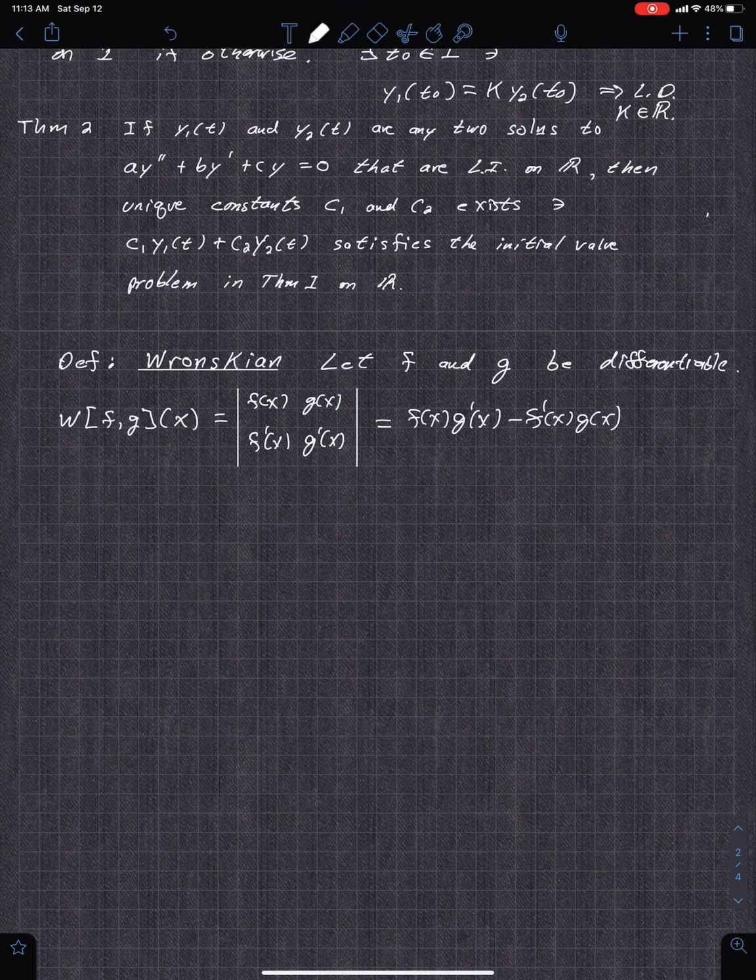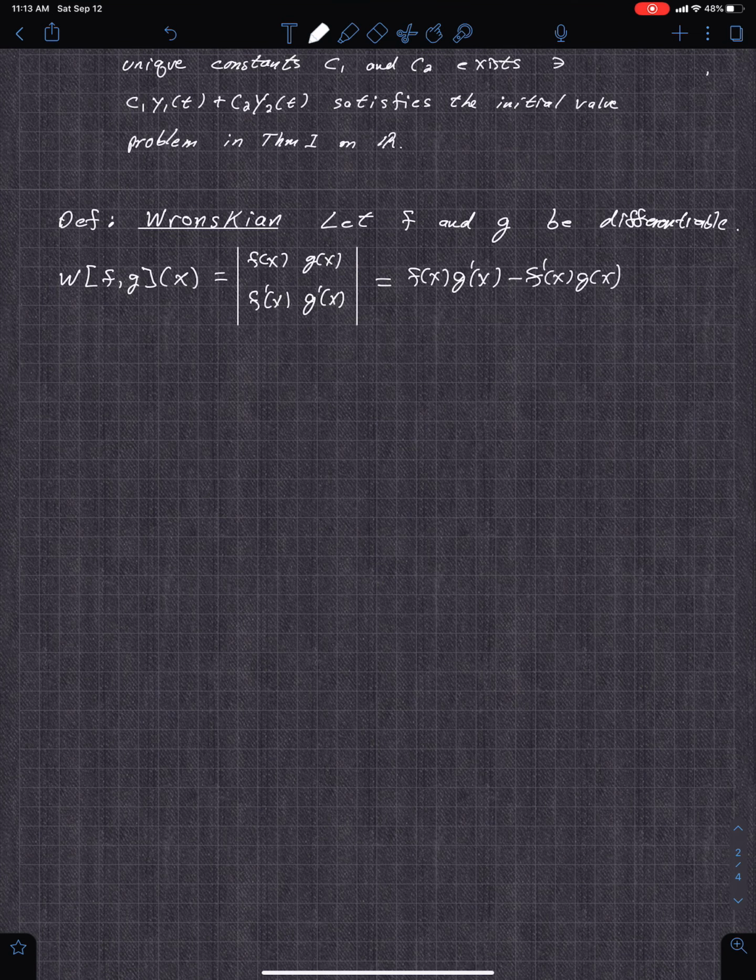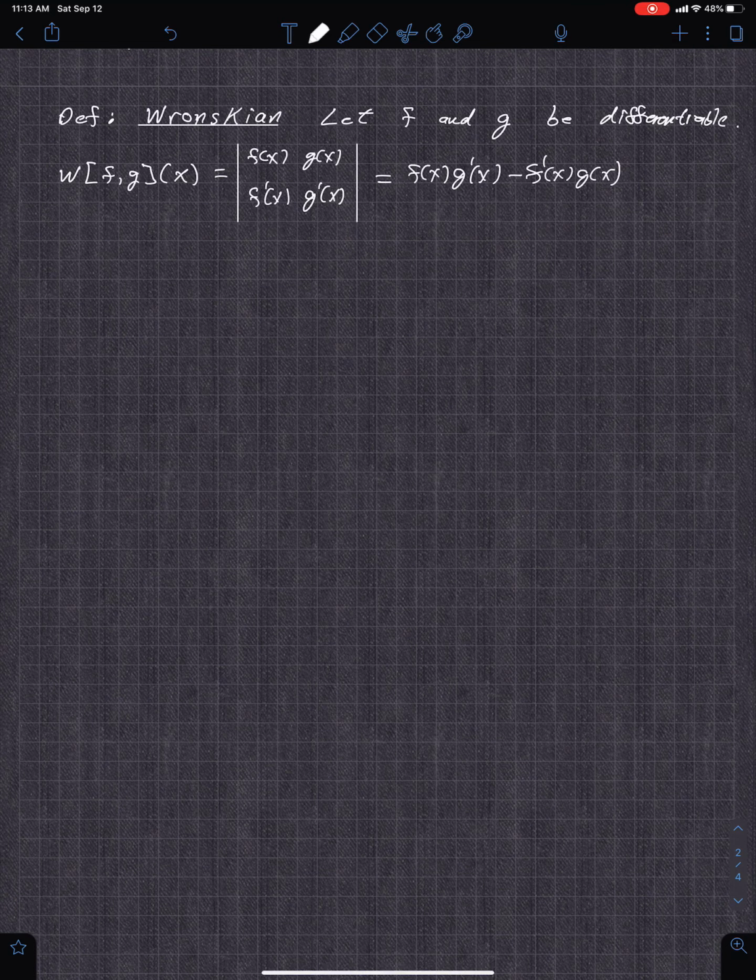Okay, so we're going to use that concept because we're going to use lemma 1 for the proof of theorem 2. I'm just going to state this one, and we're going to use lemma 1 to prove theorem 2. I'm not going to prove it. It's in the book. So lemma 1 says, let A, B, and C be real and A non-zero.